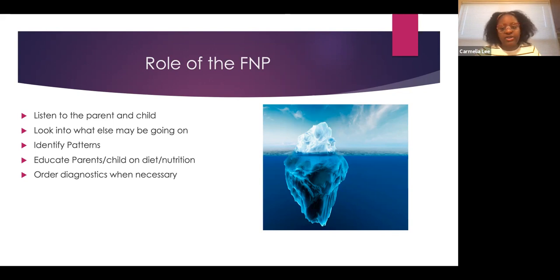You don't want the patient or parents to be stuck with a bill, when we could use some other modalities or assessments to get things done. And as a provider, you always have to justify why you are ordering this test, in case there is a question by the insurance company, or if the patient or parent has a high deductible, you want to justify that that is a necessary test at that time.